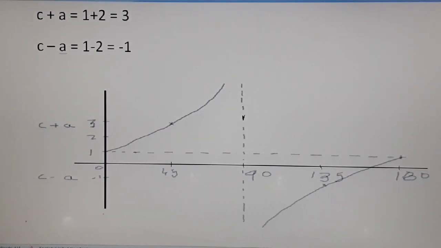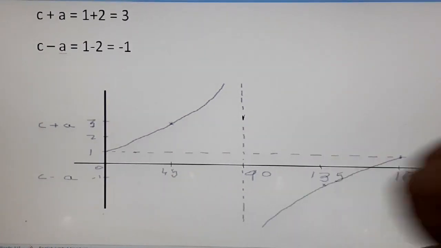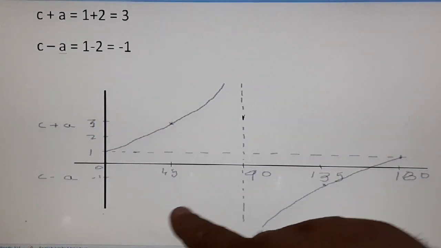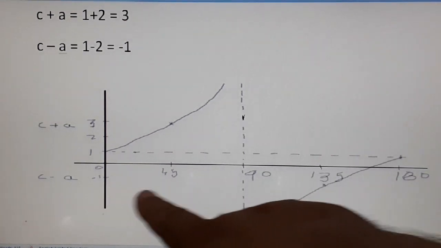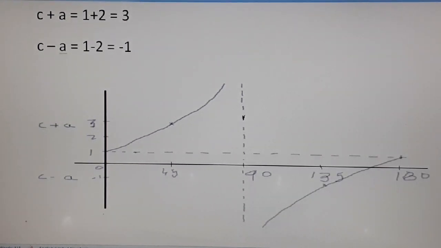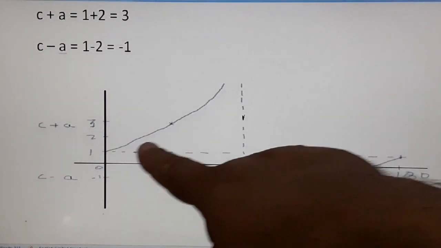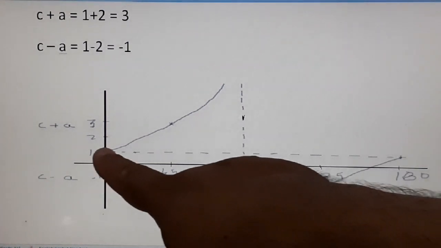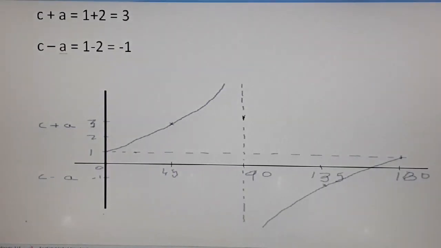Now for sketching, you will take this first value 45, which is the middle value from 0 to 90, and it must pass through c plus a. This is the first part of the curve, and in the first quadrant you know that tan is positive, so it should be above the axis of the curve.